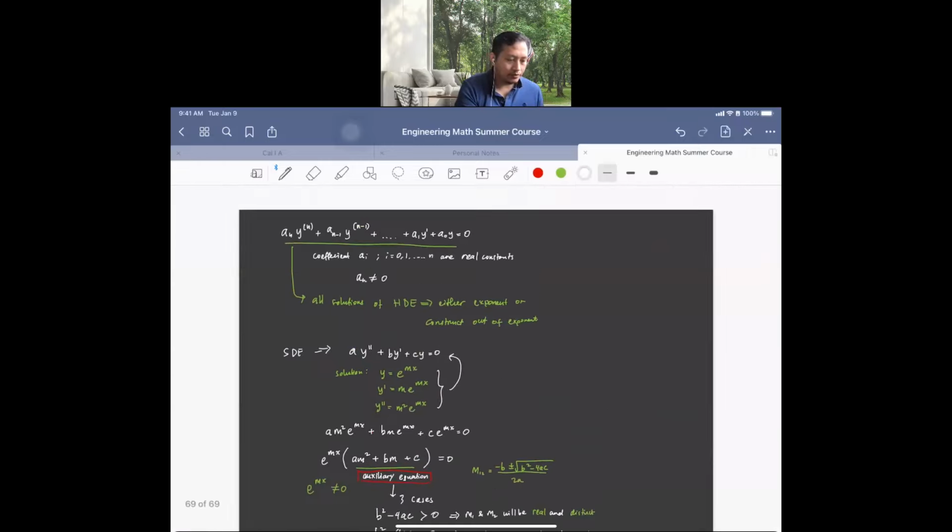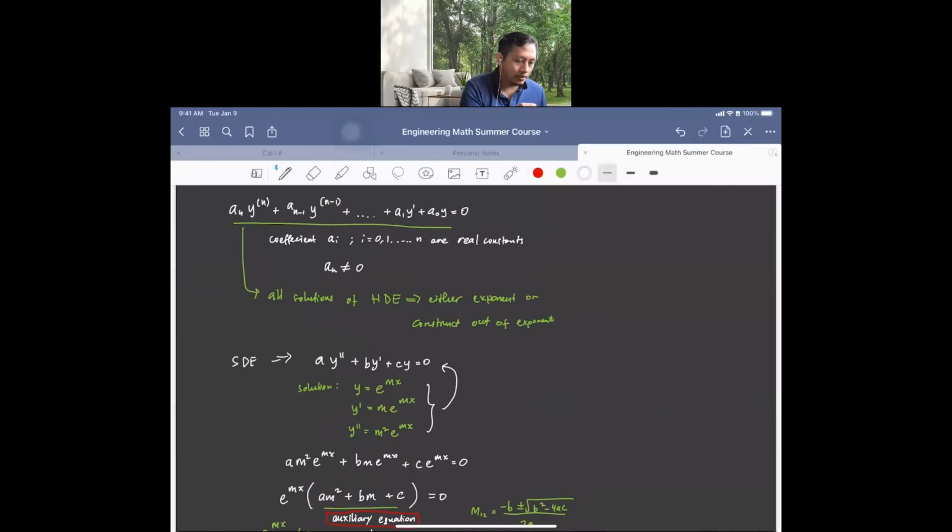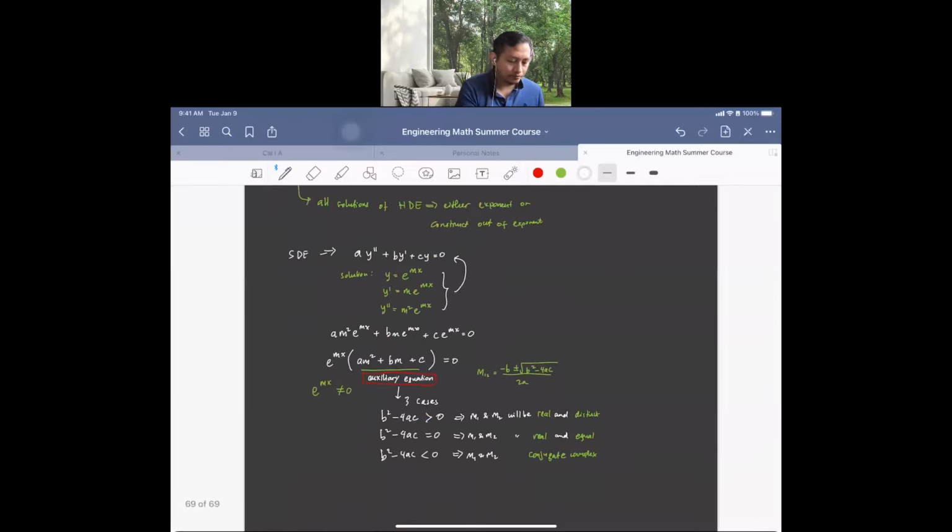Okay, now this is what we have. I haven't yet made the title. This is what we call the constant coefficient case. This is for homogeneous linear equations.